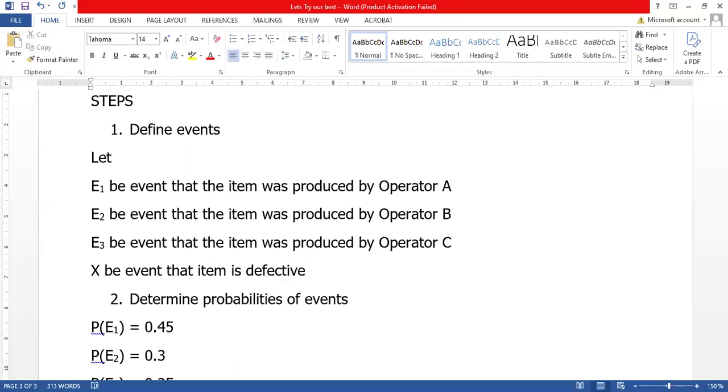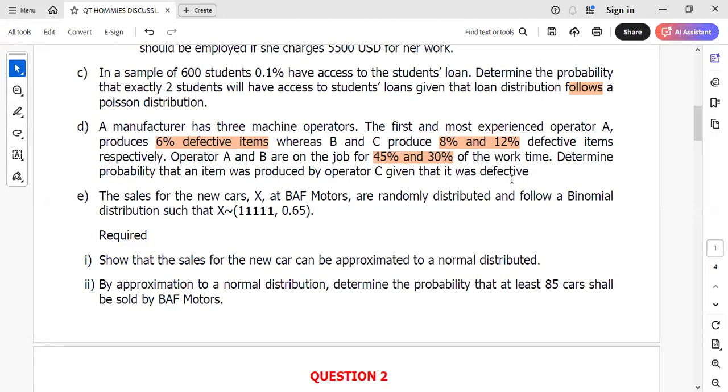Now, when you're defining X, always look at the required part. Always look at the condition given. Obviously, here the condition given is talking about the defective: given that it was defective.